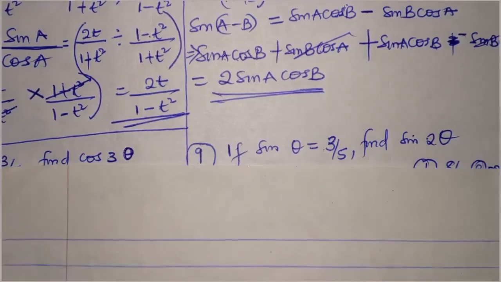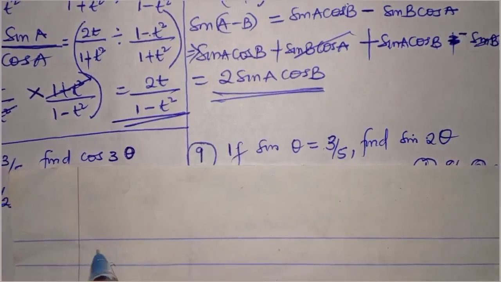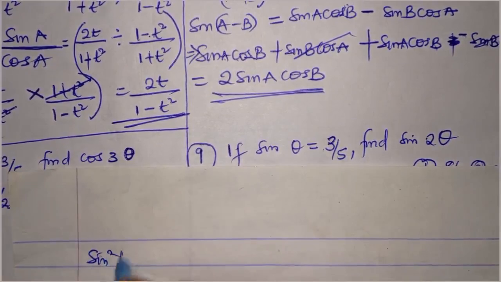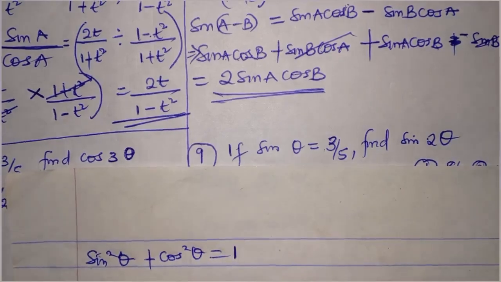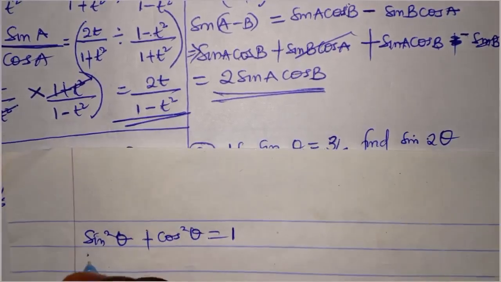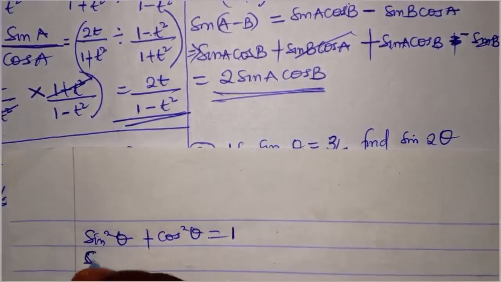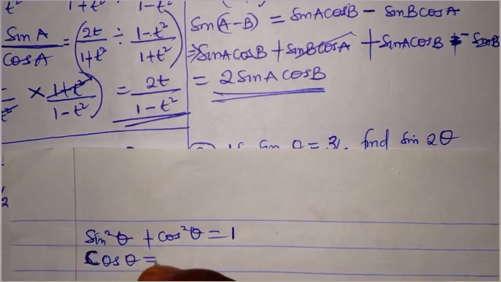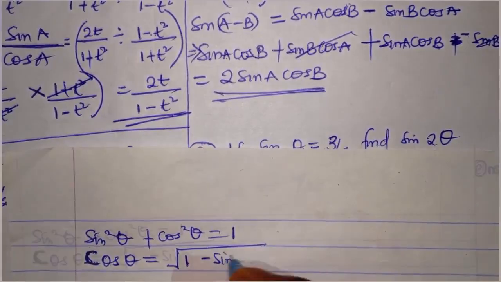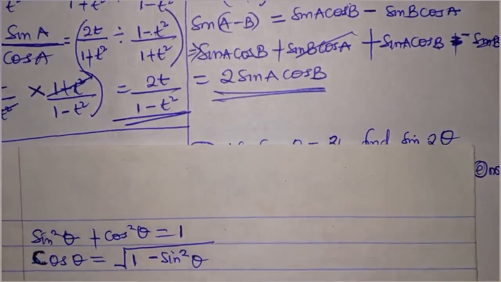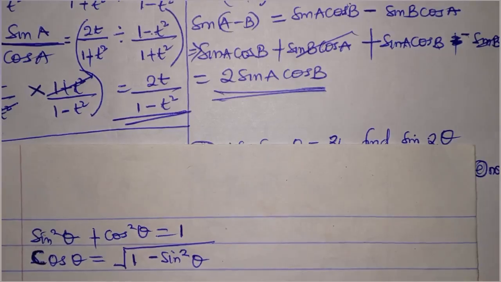To determine cos theta, I'm going to use this trig identity that says sine squared theta plus cos squared theta is equal to 1. Let me make cos theta the subject of the formula. Cos theta will be the square root of 1 minus sine squared theta.